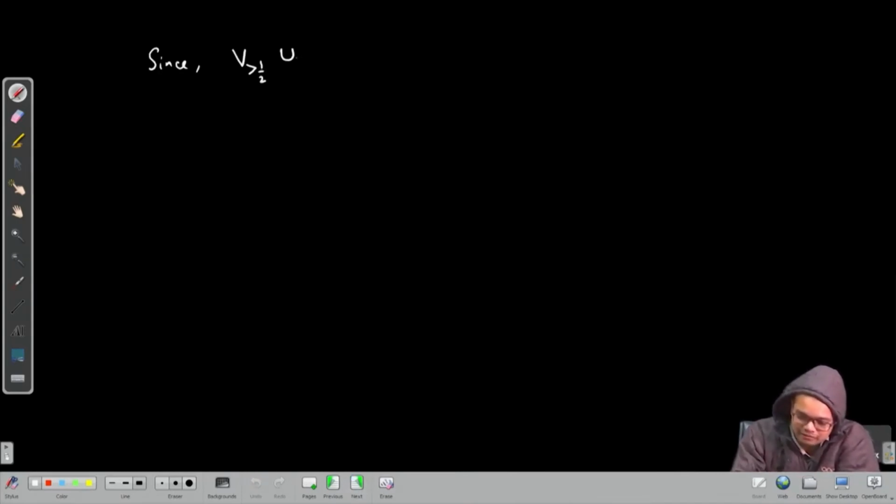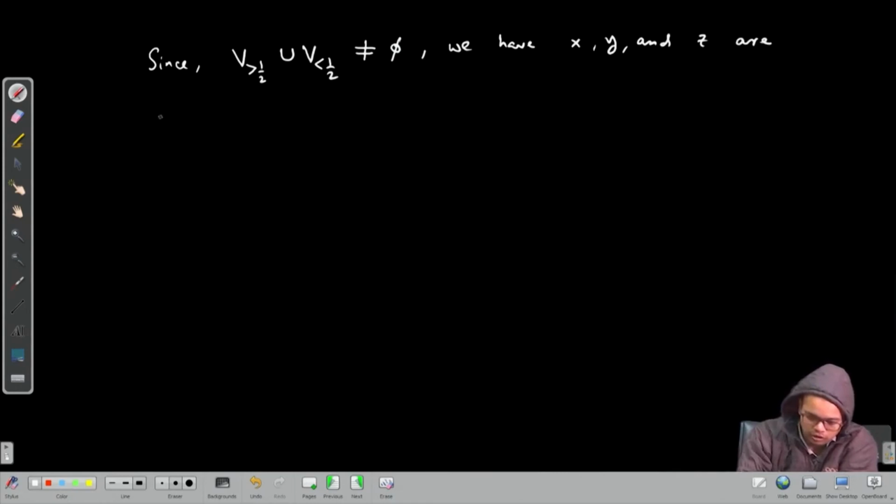That is, since V greater than half union V less than half is not equal to the empty set, we have that x, y and z are all distinct.